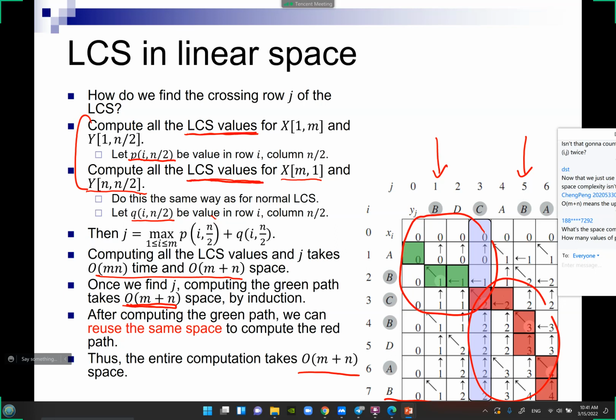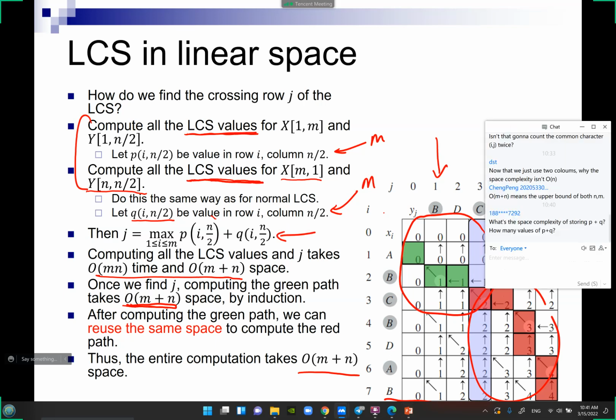P is this thing over here. There are m values over here, and likewise there are m values over here. So you just need to store these 2 times m values, and that allows you to find this index j over here. Okay. Any other questions?